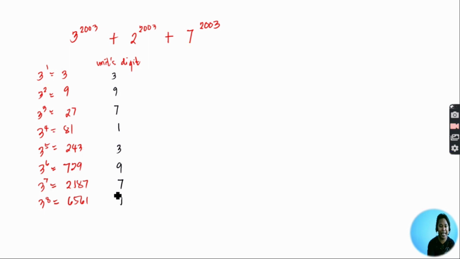So the pattern repeats every 4. So we have 3, 9, 7, 1 and 3, 9, 7, 1.